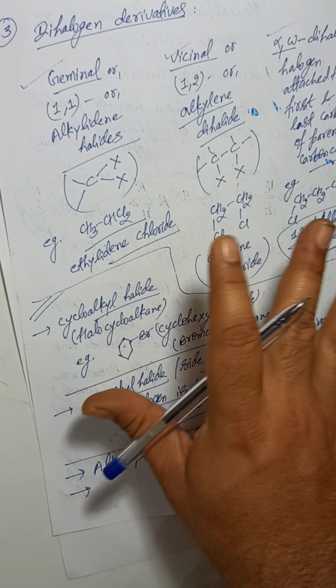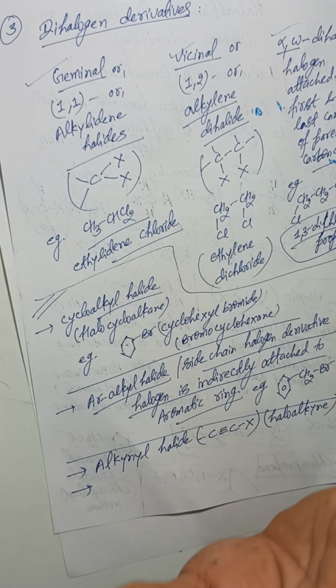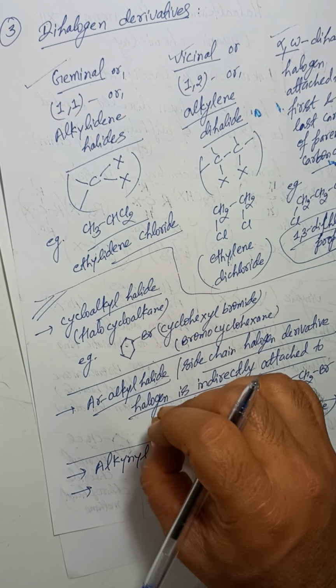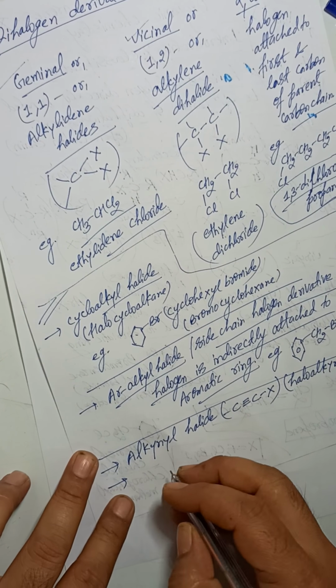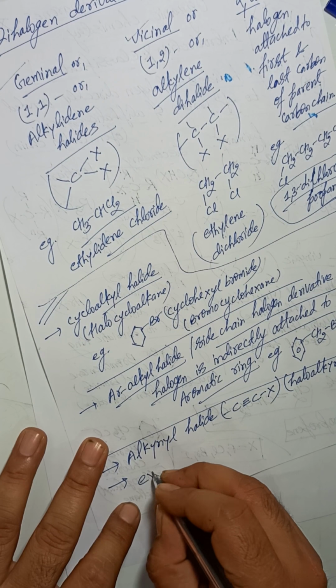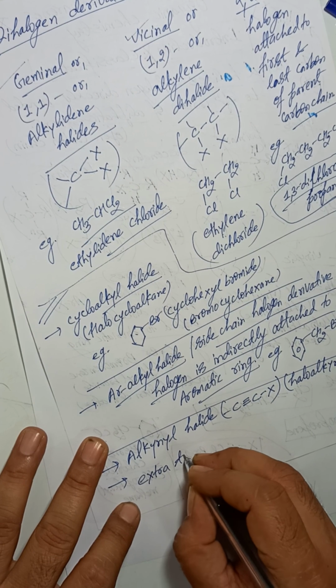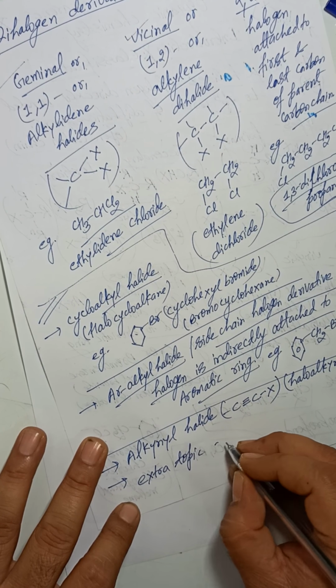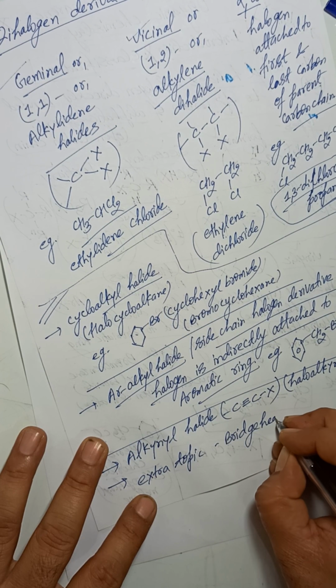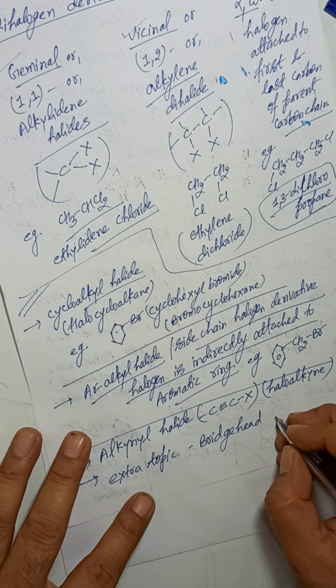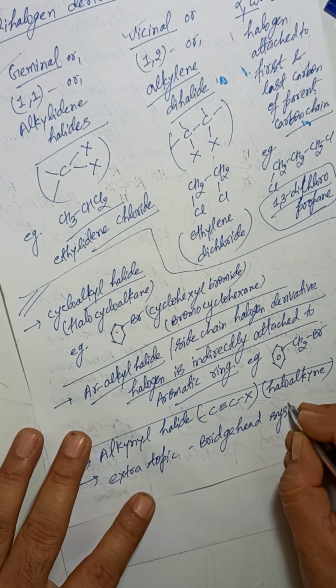These are dihalogen derivatives: geminal, vicinal, alpha, omega. These are some other types: cycloalkyl, aralkyl, alkynyl halide. Okay. Extra topic. Bridgehead systems.